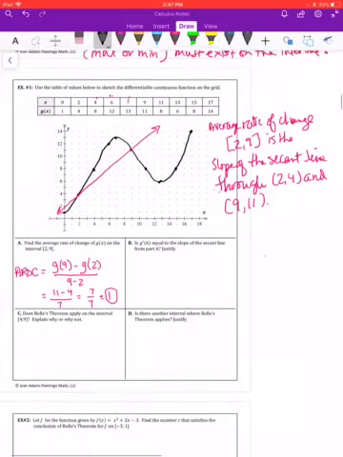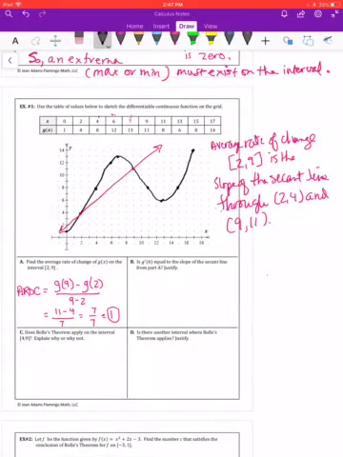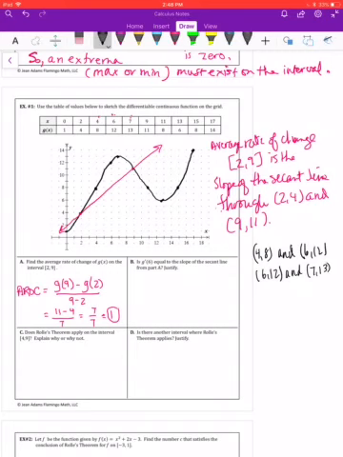So like I was saying, when you have a table and you're trying to approximate g prime of 6, you could either use (4, 8) and (6, 12) and find the slope of that secant line, or you could use (6, 12) and (7, 13), or you could use (4, 8) and (7, 13).